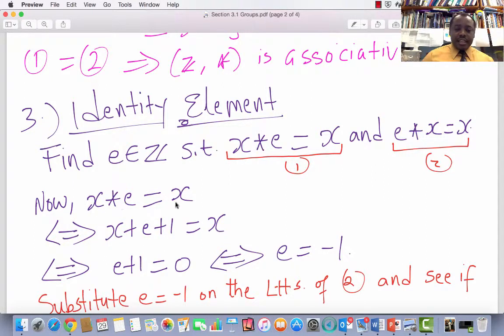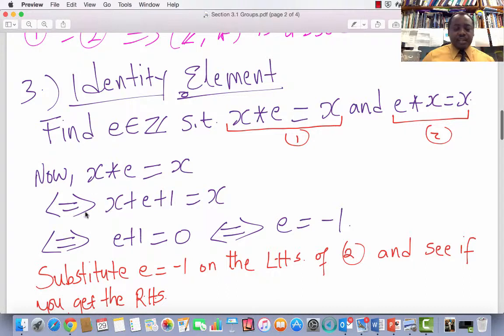So x star E equals x if and only if x plus E plus 1, the definition of the binary operation star, equals x. Solving for E, that gives us E plus 1 equals 0, and that happens if and only if E equals negative 1. So E equals negative 1 is simply a candidate for the identity.